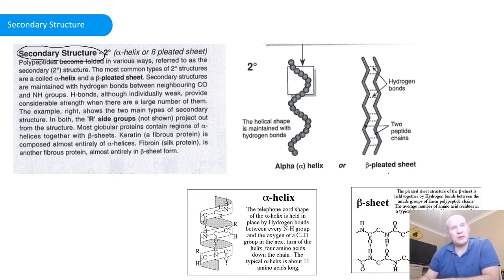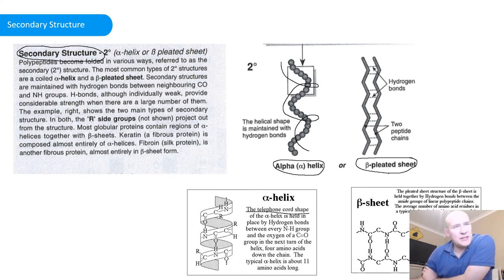It could be an alpha helix, so that little A sign with the two tails on is an alpha, or a beta pleated sheet. Those are the two shapes that amino acids fold into as the primary structure gets bigger and bigger. We've seen the double helix before. It's like a telephone cord shape, which is what it says here.